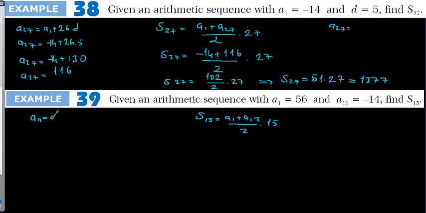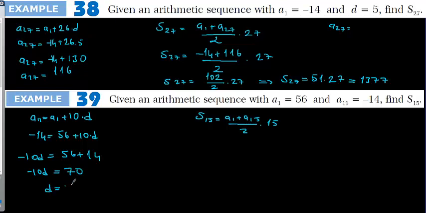A11 is equal to A1 plus 10 times D, and minus 14 is equal to 56 plus 10 times D, and minus 10D is equal to 56 plus 14, which is 70. D is equal to 70 over minus 10, which is equal to minus 7.